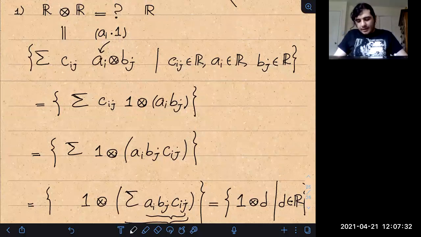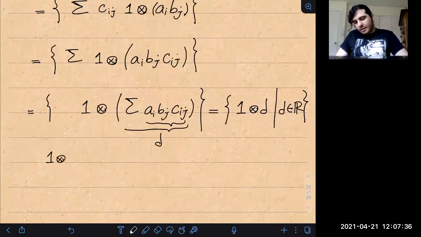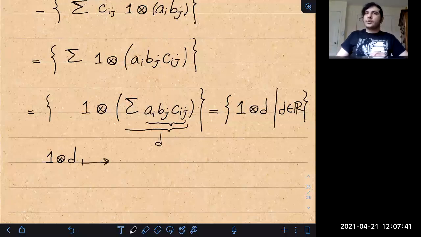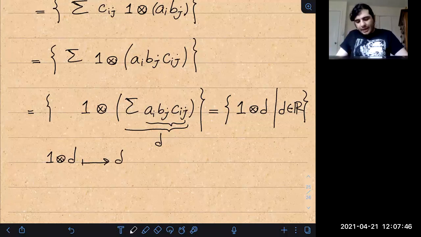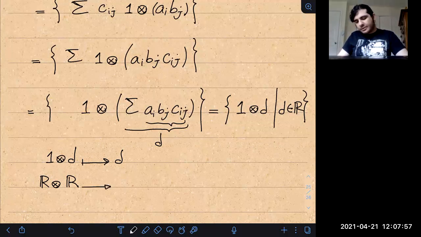And when you write anything as 1 tensor a real number, you can just send that element to that real number D. Actually, it gives you a map. By sending that element to the second factor, you are constructing a map from R tensor R to R. Now, you should check that this is a linear map.